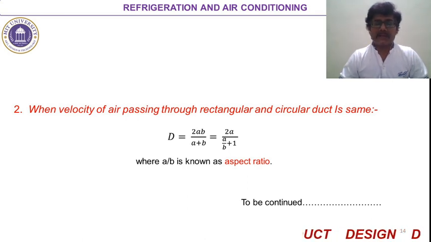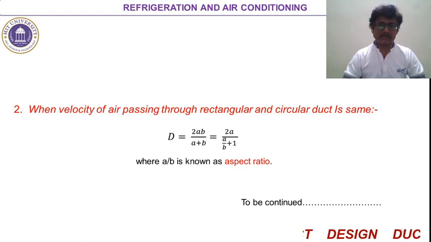Similarly, I am expressing here the final form of the equation: capital D equals 2AB divided by (A plus B), which with slight simplification is 2A divided by (A by B plus 1). We know that A by B, the ratio of the longer side of the rectangular duct to the shorter side, is known as the aspect ratio.